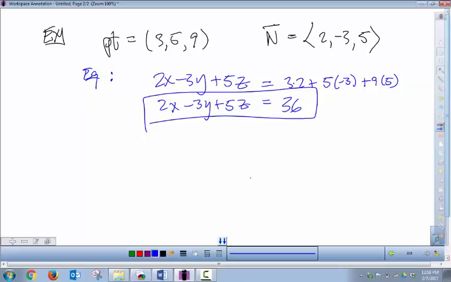So now, intersection and distances are interesting things to discuss. Let's start with a distance. Let's figure out the distance from a point to a plane.